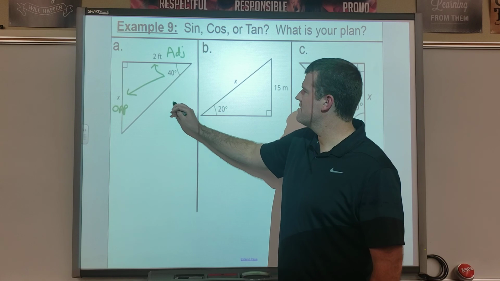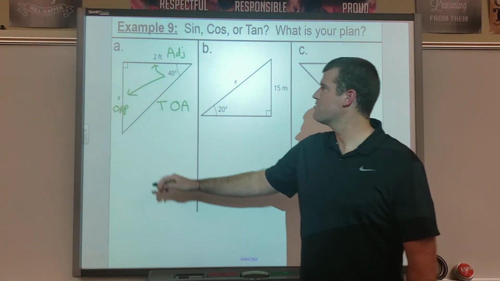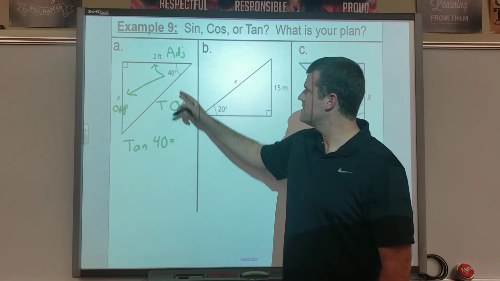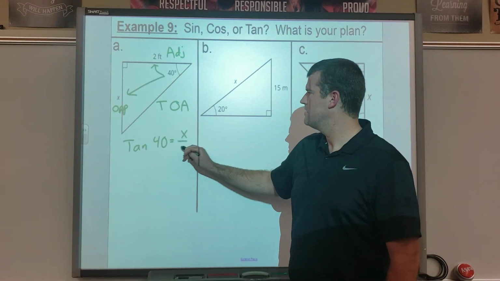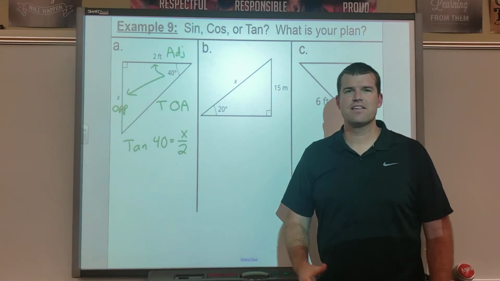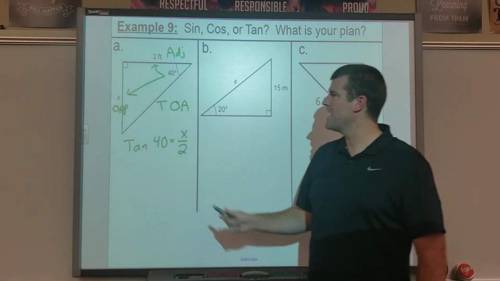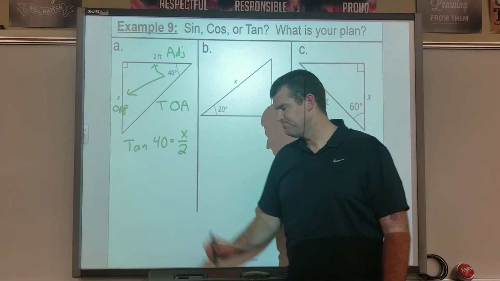We have the adjacent, that's O and A, which goes with TOA, right? So we're going to do tan of 40, right? Tan of the angle equals opposite over adjacent. I'm not going to go through and solve the rest of this, but we're just pointing out, what is our plan? Well, our plan, because we had opposite and adjacent, was to use tangent.